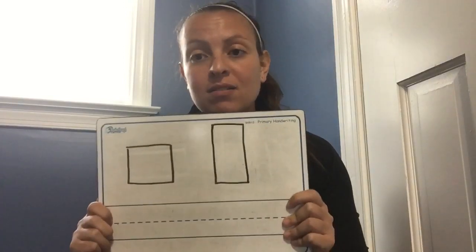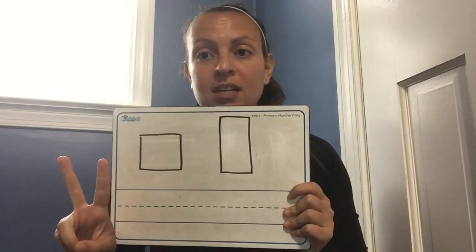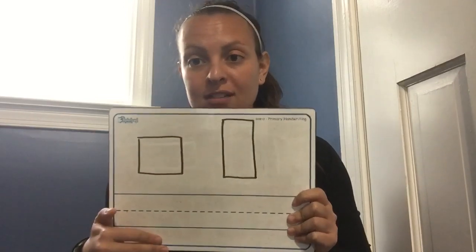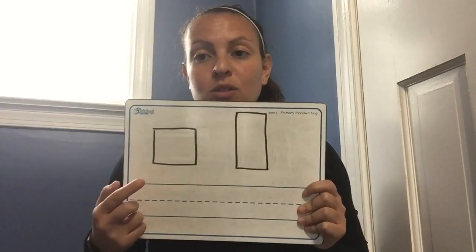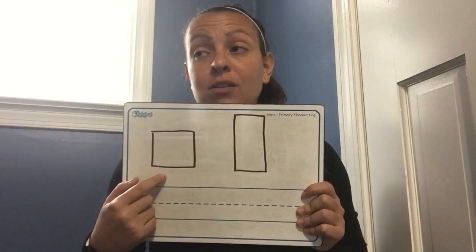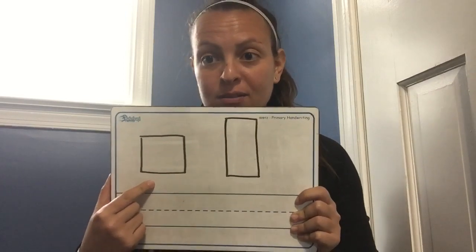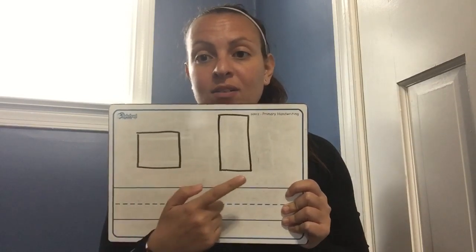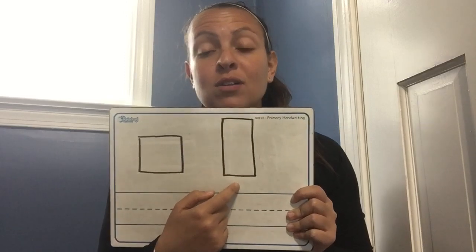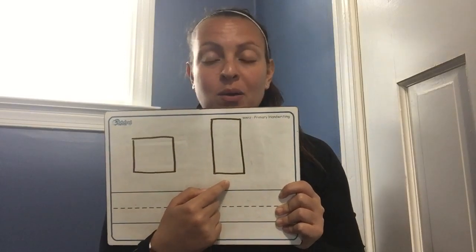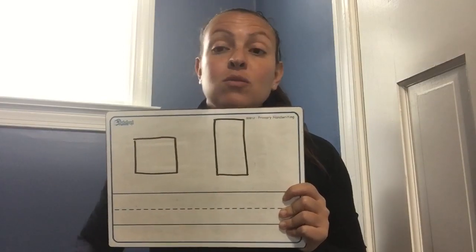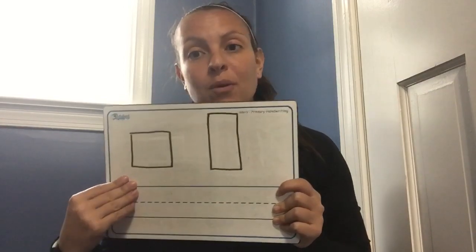A rectangle has two sides that are the same and then the other two sides that are the same. So a square is going to look like this around your house. A rectangle is going to look like this. Not all the sides are going to be the same. So it might be something that you find that might be a little taller or maybe a little longer, and then a square will be equal.